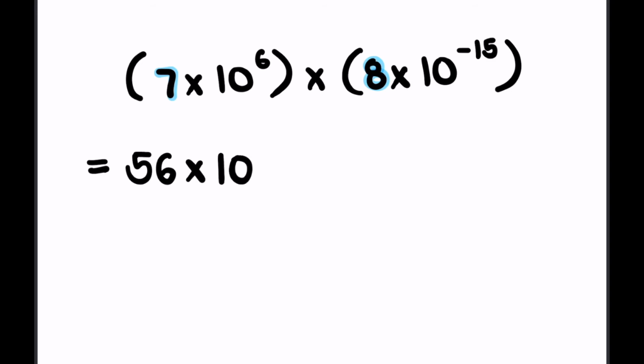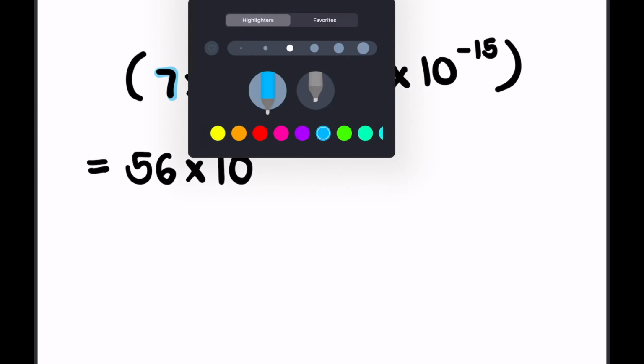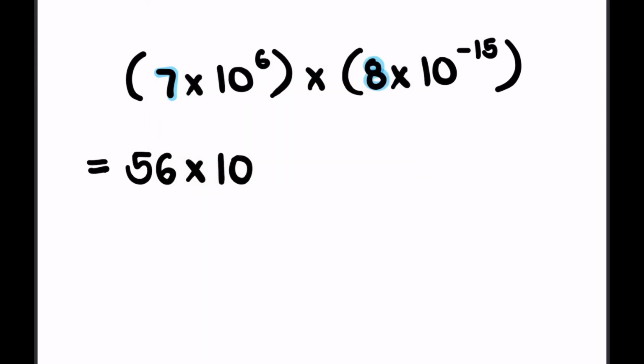Times 10 to the power of. Now I'm going to add the exponents together, but I have a 6 and I have a negative 15. So 6 plus minus 15 is actually the same as saying 6 minus 15, and 6 minus 15 is negative 9. So now I have 56 times 10 to the power of negative 9.